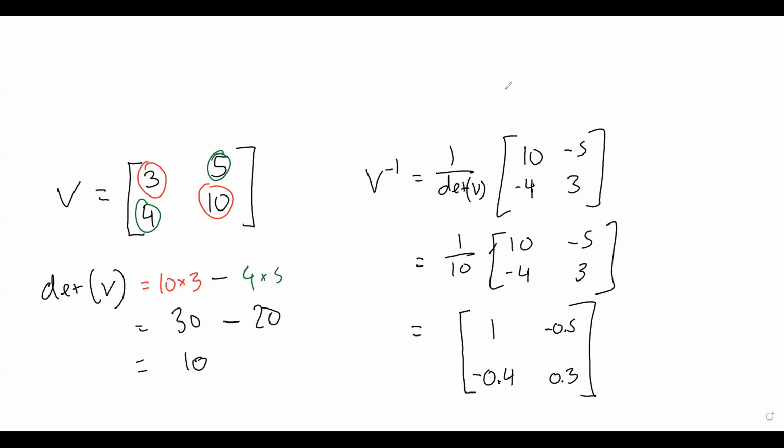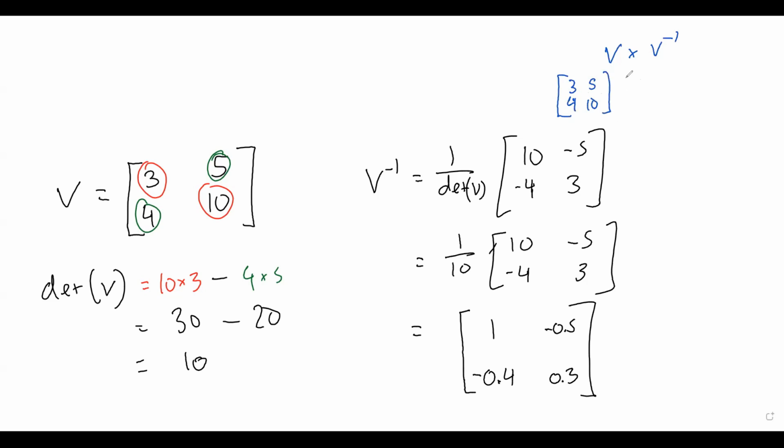And how can you check that? Well, let's go all the way, because we've got a double period. We might as well go all the way. Let's do, in this top corner here, V times the inverse of V. If I bring out my V, which is, and you can do this in any order, 3, 5, 4, 10.